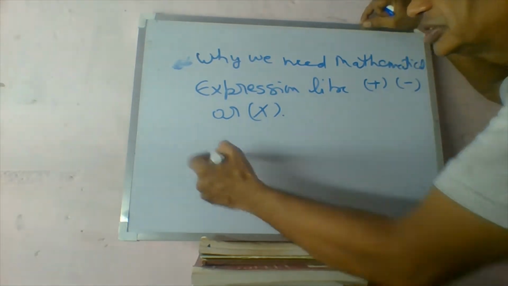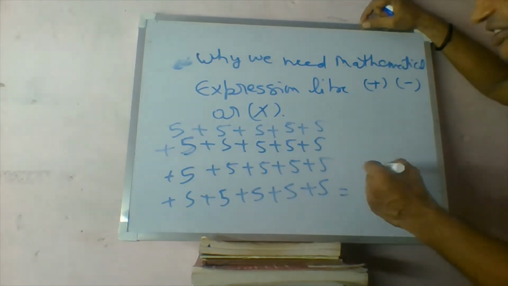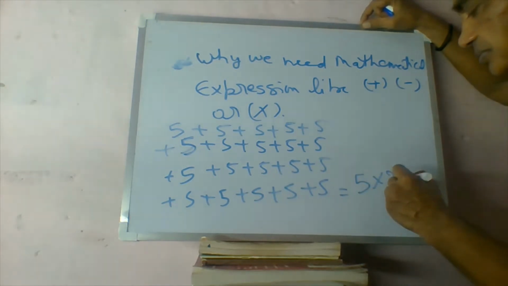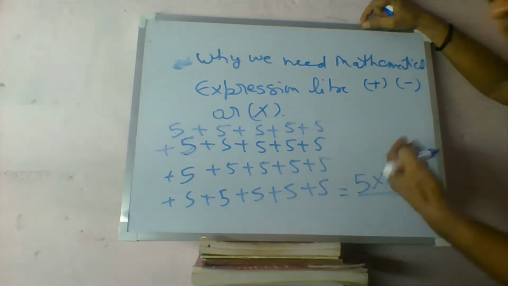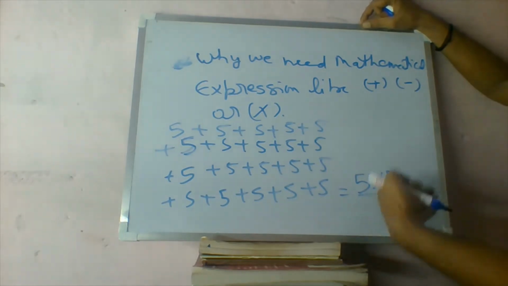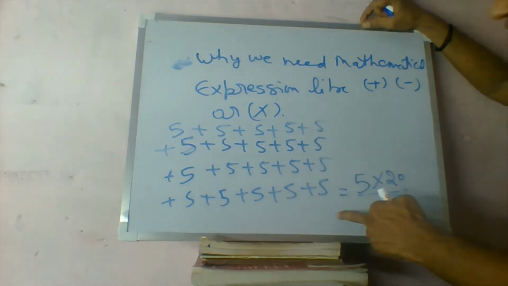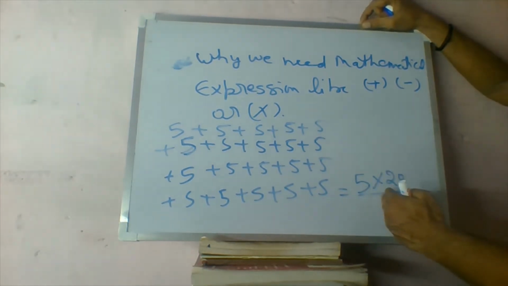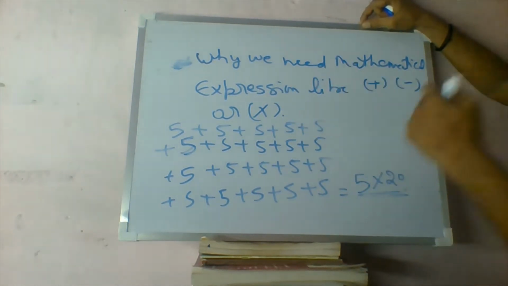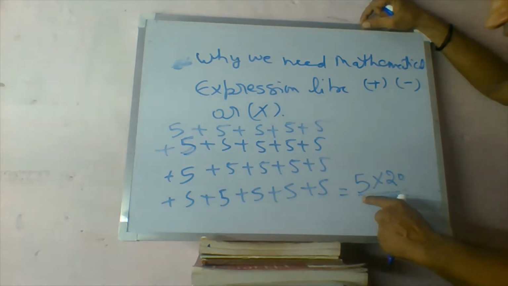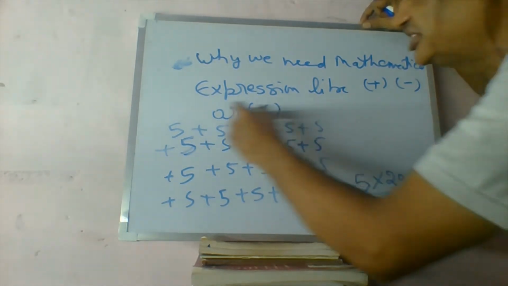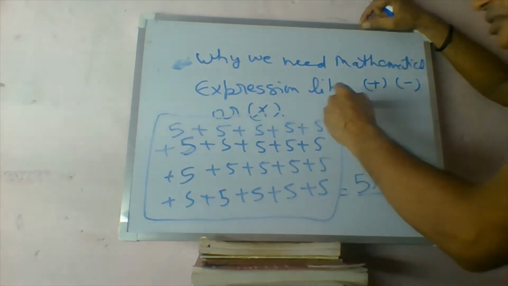It can be simply written as 5 into 20, and it conveys the same message: add 5, 20 times, or add 20 fives one after another. So this is why we need these mathematical expressions. But if we are using 5 into 20, we should not forget what we are doing.